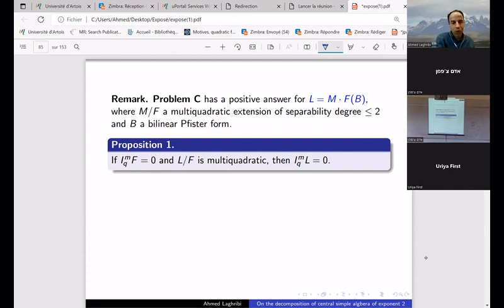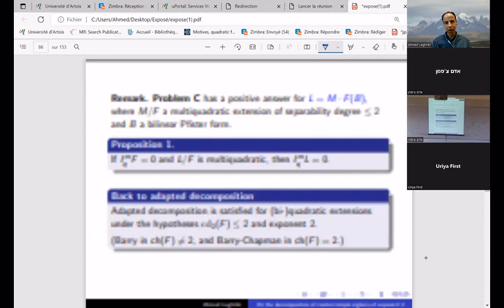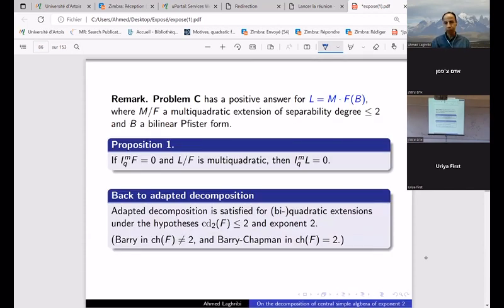If you suppose that IMQF is 0, then IMQL is 0 for L multi-quadratic. We don't care about the separability degree. It is true all the time. Okay. And now back to adapted decomposition. What do we know on this point?